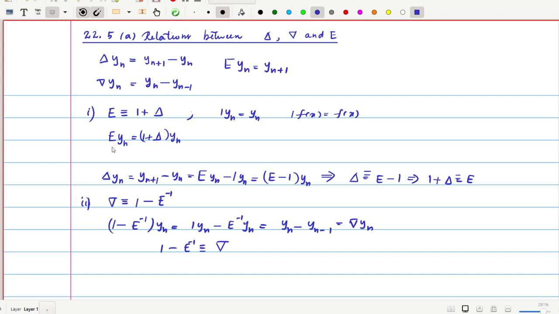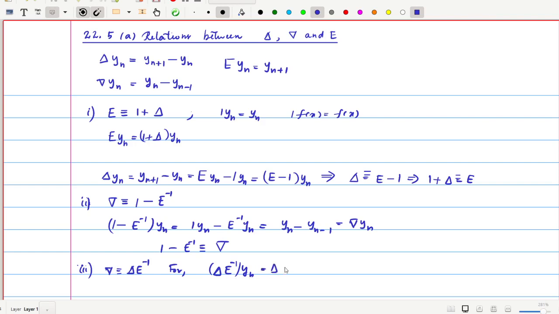So this is the relation between E and forward difference, and the second one is the relation between E and backward difference. Finally we define the relation between these three quantities. Del can be expressed as delta E inverse. Now we have to prove this. For this we start with delta E inverse of yn.